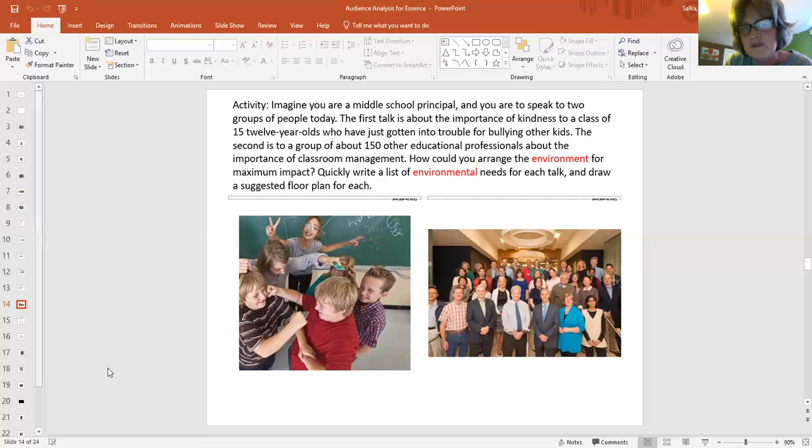But the environment would be much more personal with the kids than with the adults. You might use educational jargon if you're speaking to professionals and you're a professional. And there might be an auditorium and some type of presentation, maybe a PowerPoint or Prezi, for the educational professionals.